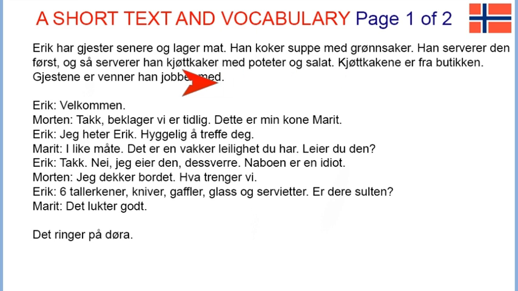If we take the last phrase, the guests are friends he works with. Gjestene, you might guess why: ene ending, because it's the definite form plural, the guests. Er venner, friends, again indefinite form, er, regular plural. He works with.